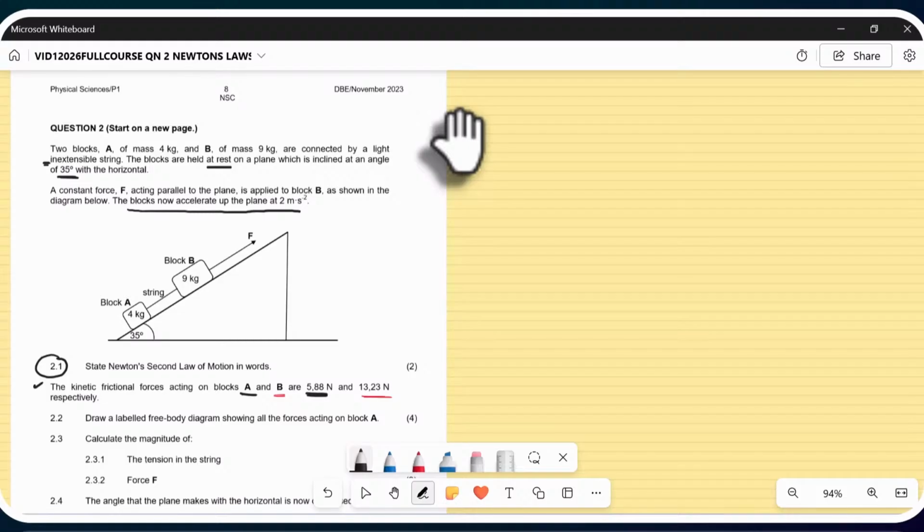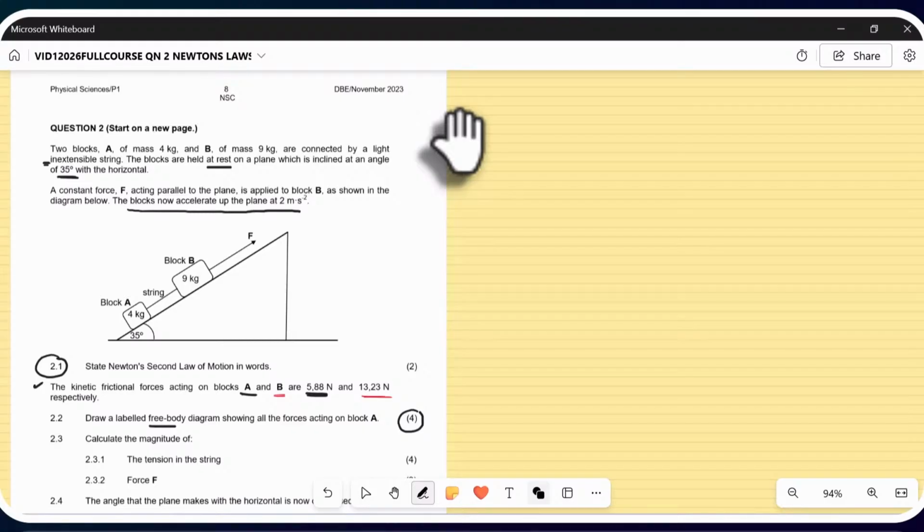Then they say draw a labeled free body diagram showing all the forces acting on block A. If we talk about a free body diagram, then we should have the arrows coming from the dot. If you look at our marks here, there are 4 marks, so there must be 4 arrows coming from the dot. Now don't forget that here we have the incline like this, and the body is on the incline. So what do you expect now?